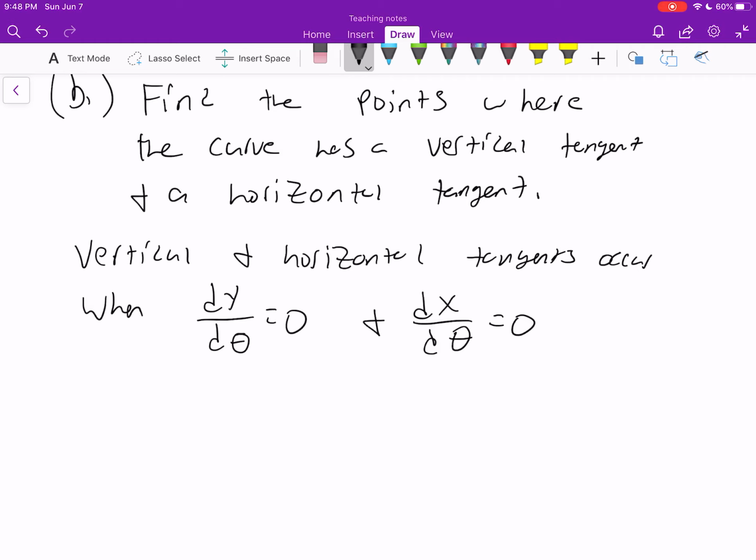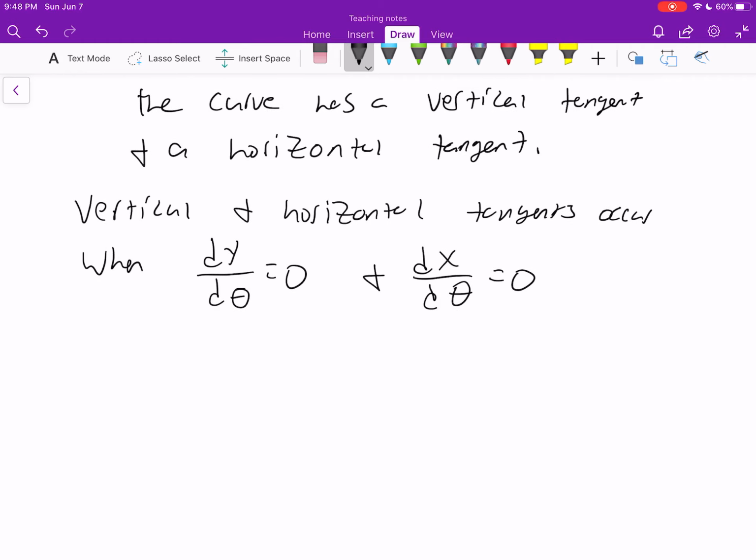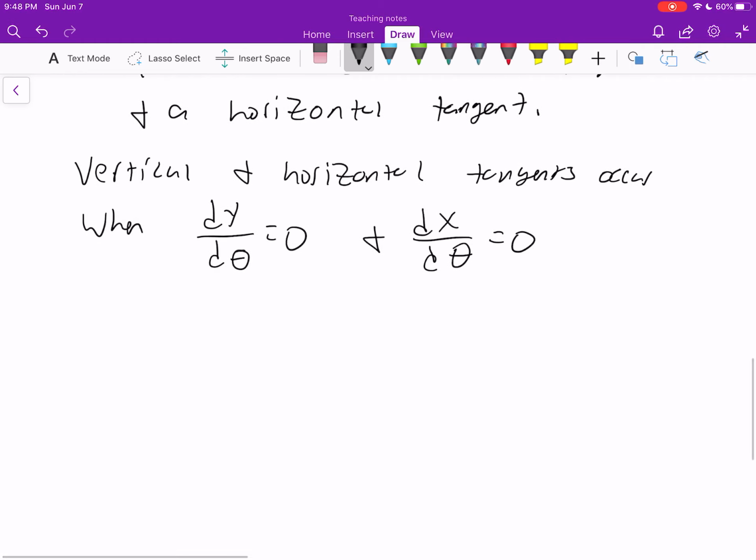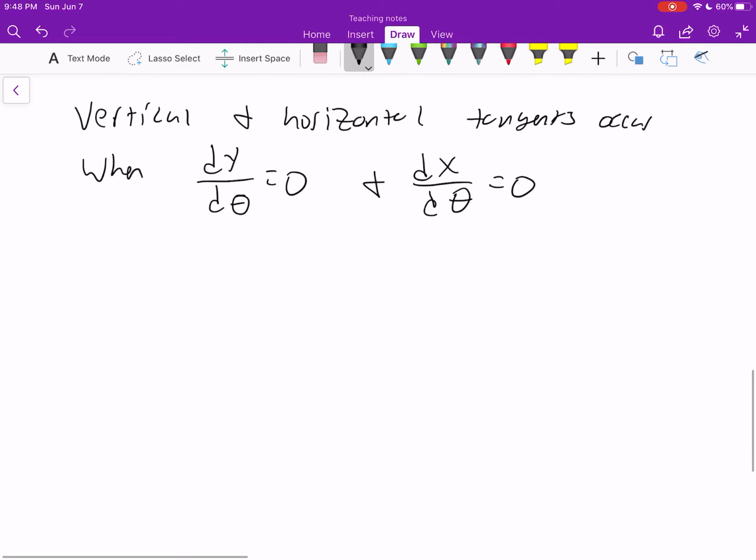So in order to have a horizontal or vertical tangent, I need one of these to be true. They might both be true, and then I have to do a little more analysis in terms of limits. But at the very least, these have to be true.